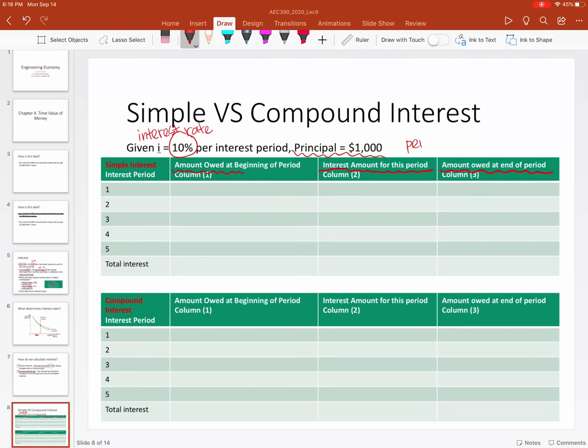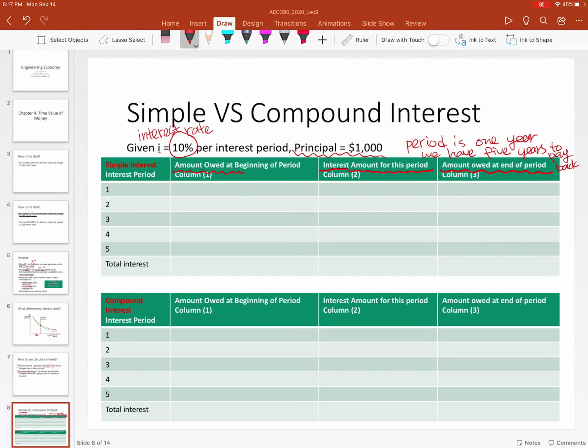Let's say we calculate it every year. How about that? So the period is 1 year, and we have 5 years to pay back. So that's the condition.